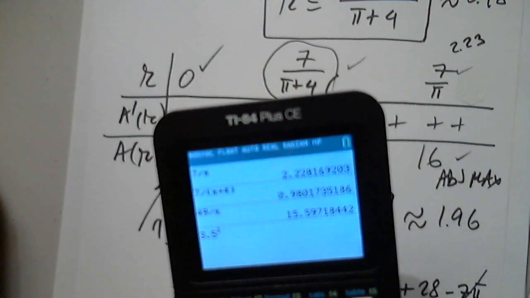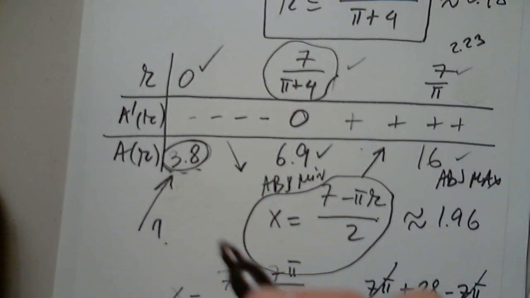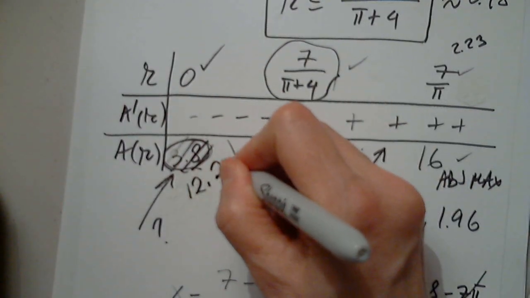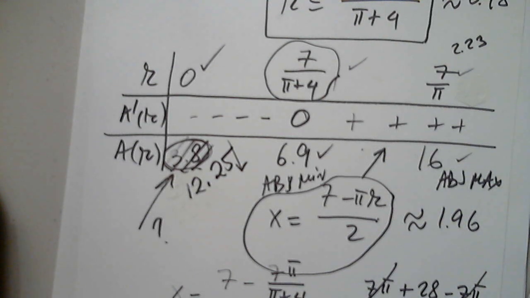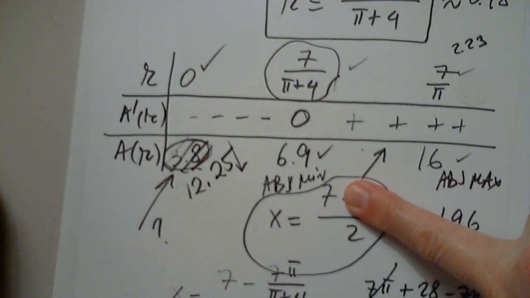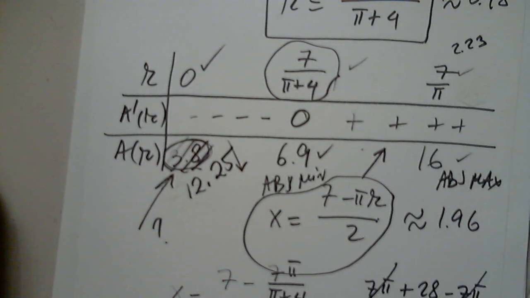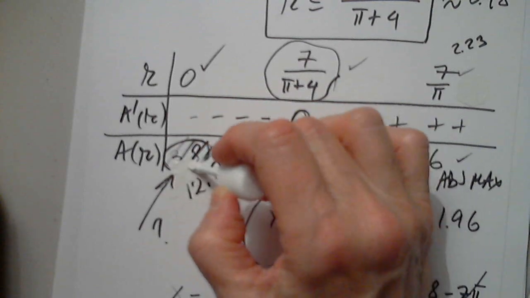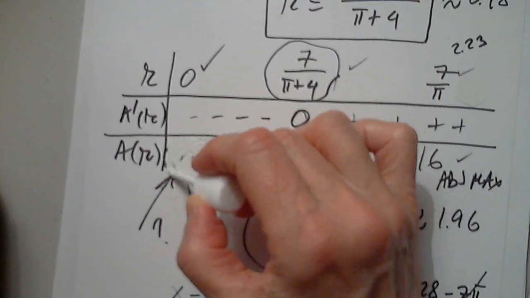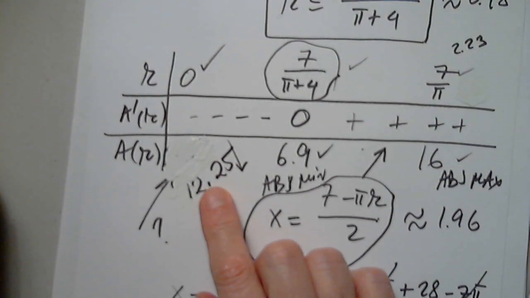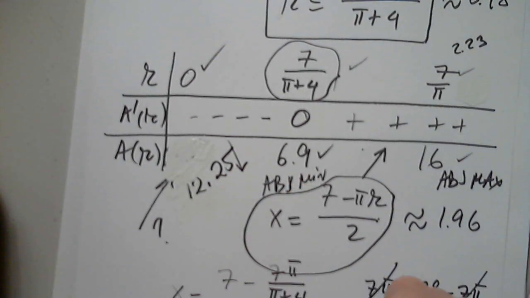But 3.5 squared, got it, 12.25. Gee whiz. Now it makes sense. When r is 0, x is 3.5. 3.5 squared is not 3.8, but 12.25. Okay, now I'm satisfied. Everything checks out correctly. 12.25 down to 6.9, awesome.